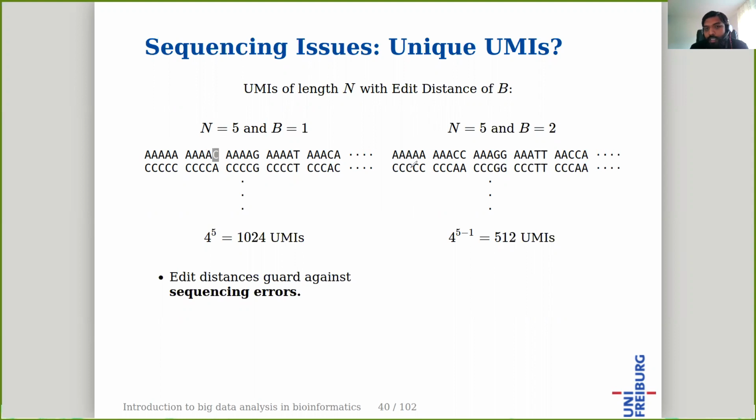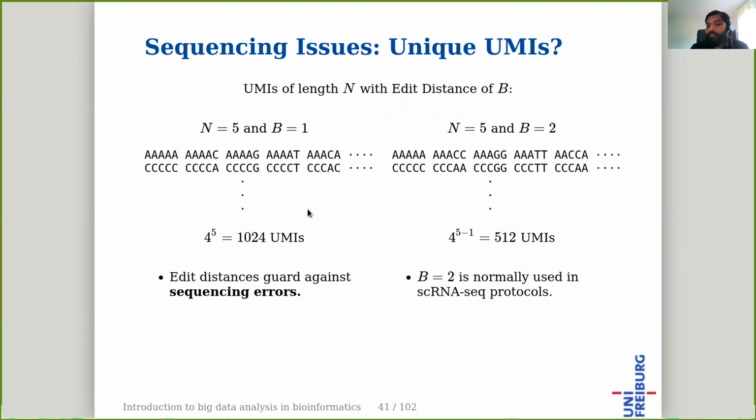And if you have a larger edit distance, let's say 2 or 3, then we can at least assume that if there is a C instead of A, then it might be a C which is sequenced as A, or it can be a G which is sequenced as A. So you can at least guess what it can be, because the bioinformatics tools also take care of such sequencing errors even in the UMIs.